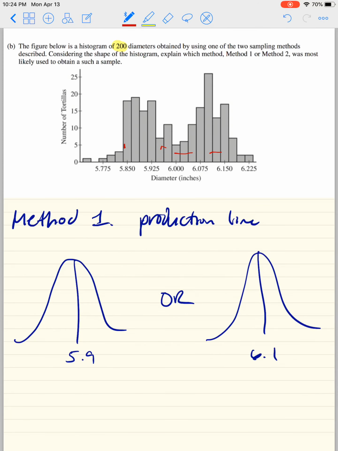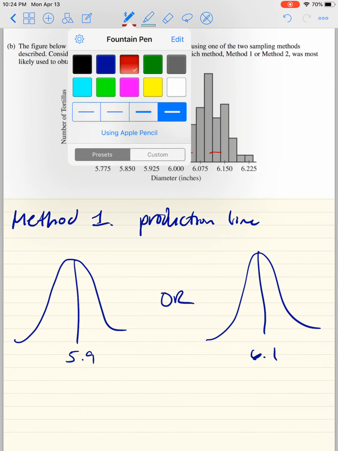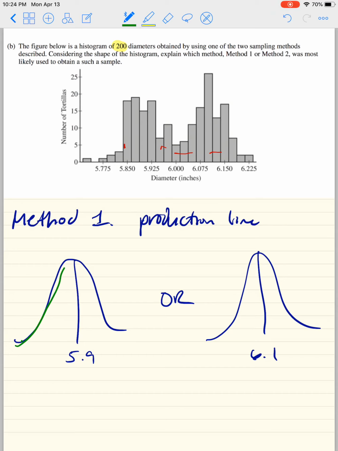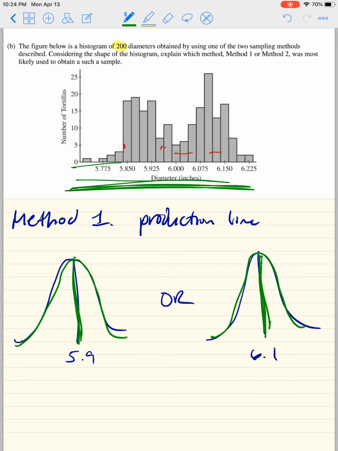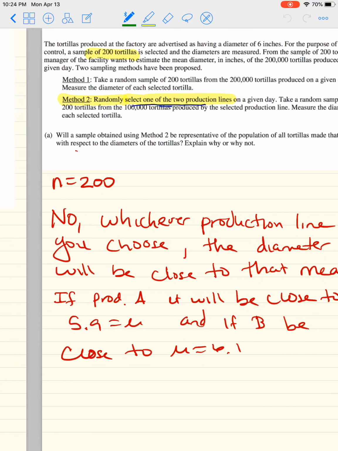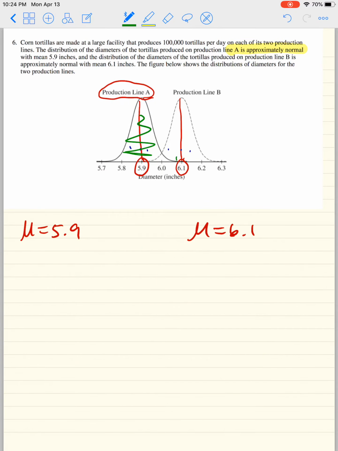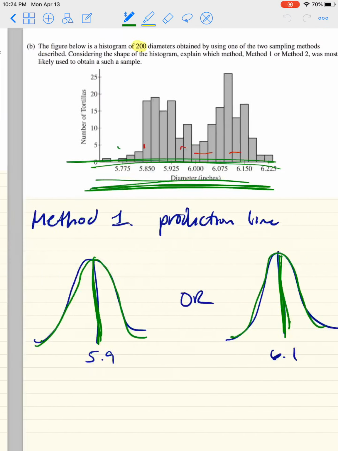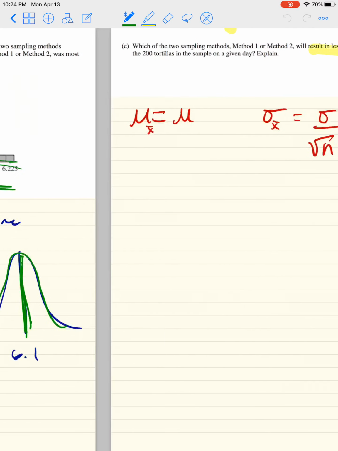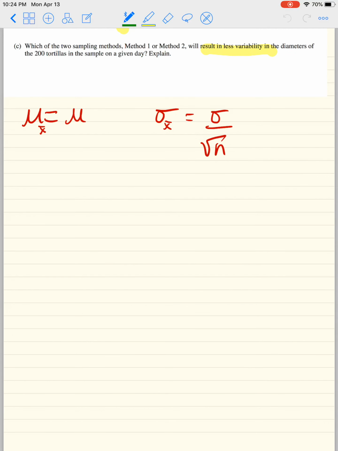I hope that makes sense, because method 2 would either give you this guy all squished here around 5.9 or this guy right here all around 6.1. If you choose method 1, look at this variability here. It's spread out all over the place because you got some from production line A and production line B. So method 2 has less variability in the sample because its sample only comes from one production line.